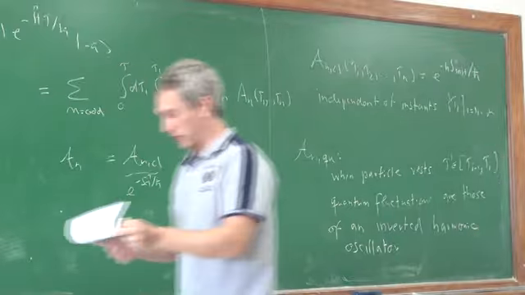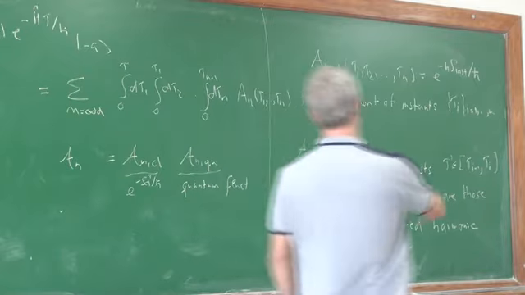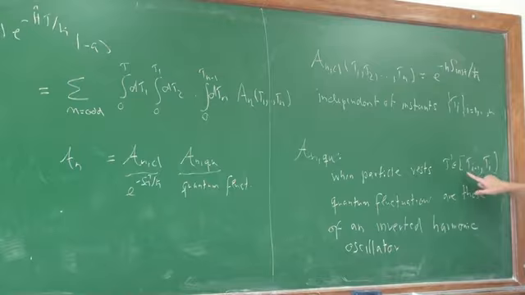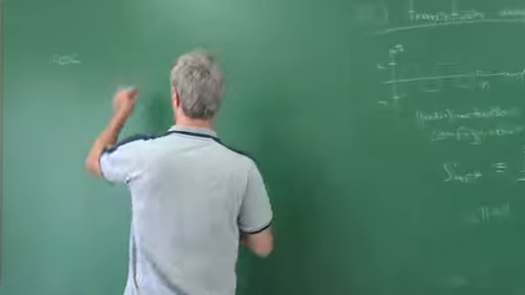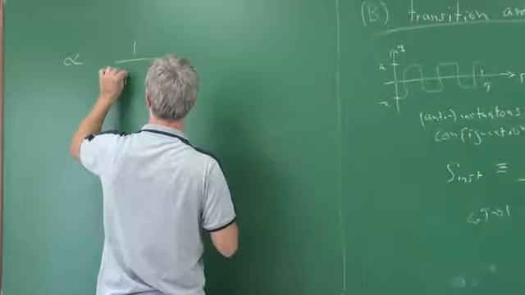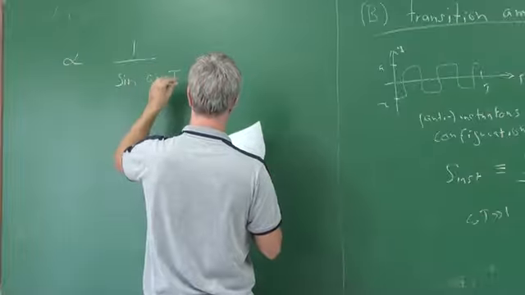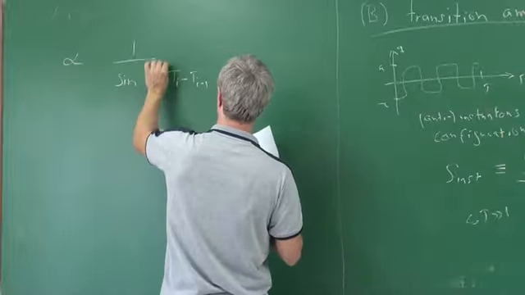So this means that we can immediately take the fluctuation determinant which you get from such a time interval. We know that the harmonic oscillator has a fluctuation determinant which is sine of omega times the time spent, so here it would be τ_i minus τ_{i-1}.